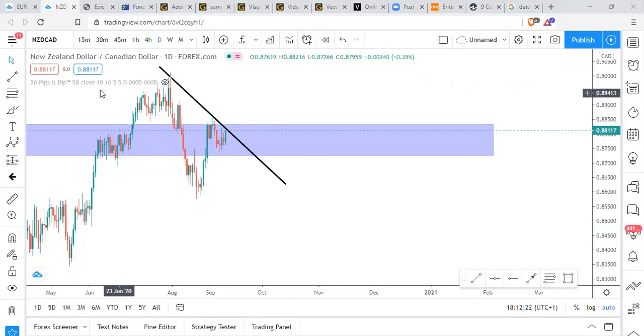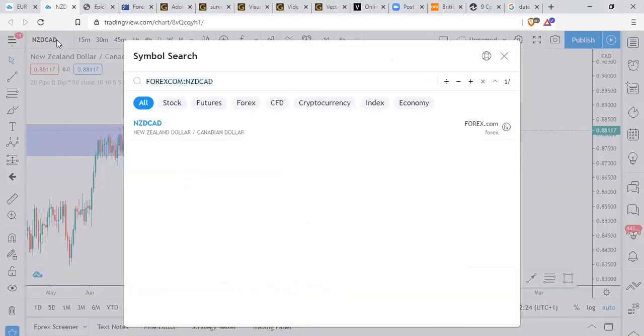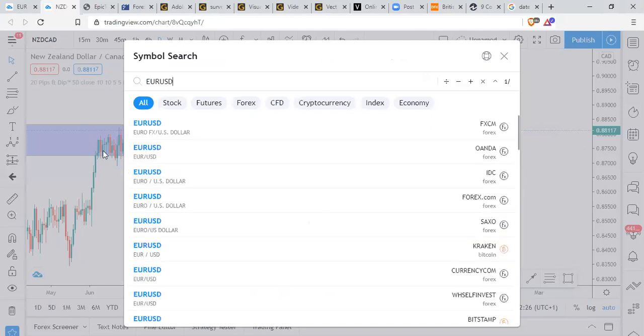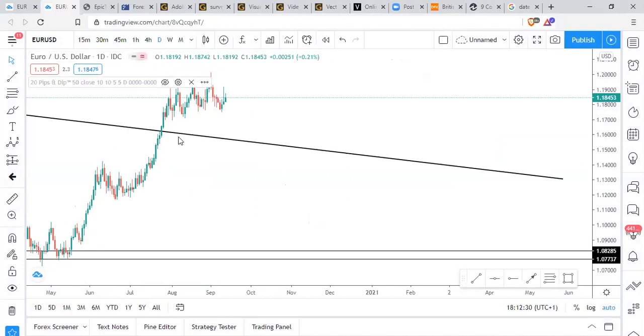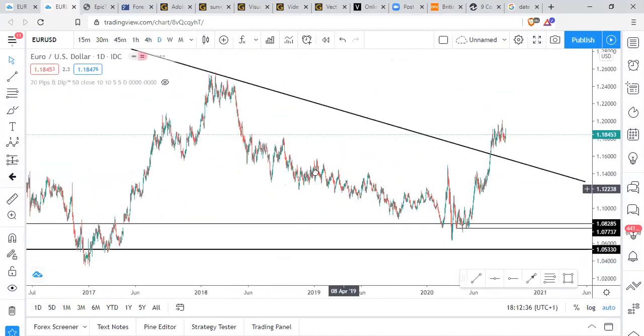Euro dollar. Let me look at the euro dollar. Now I've already done my markup here, so I'm going to delete that.